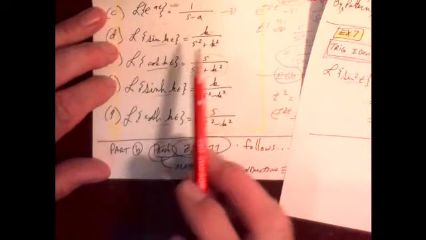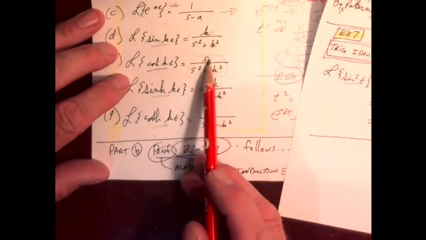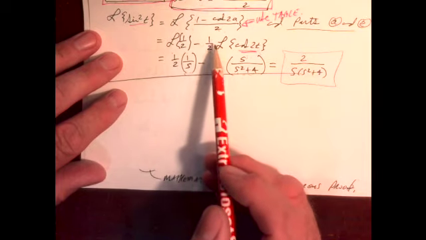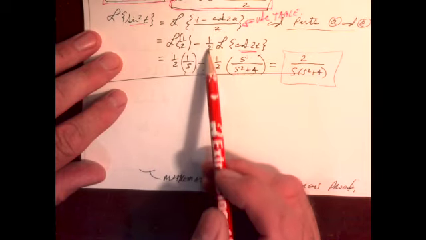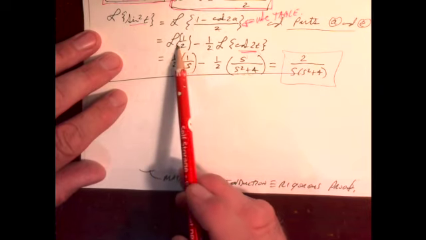Over here I have cosine 2t, so it'd be s over s squared plus 2 squared. You could use linearity and pull out the 1/2 minus 1/2 here.